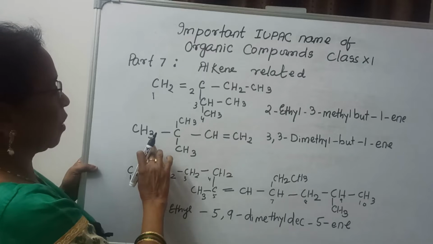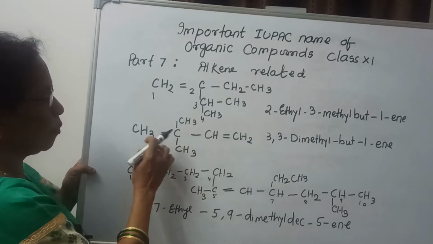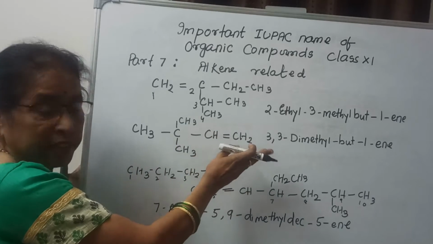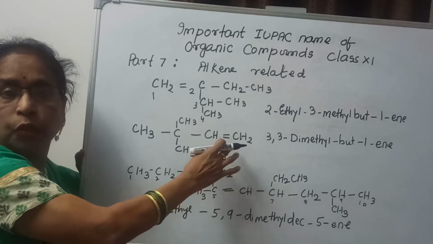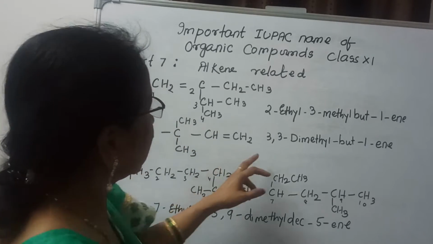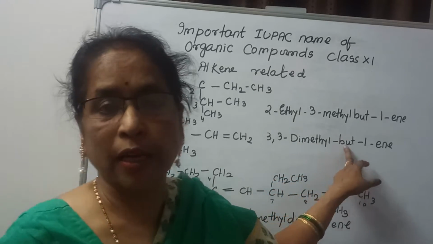Next come to this one. Here you will select the longest chain, easy: 1 2 3 4, because you will count from this side, because there is a double bond near to this side, that is why 1 2 3 4. That means here you can see 3,3-dimethyl but-1-ene.